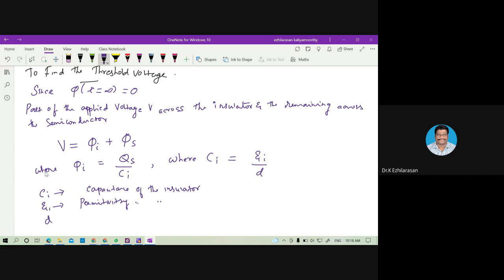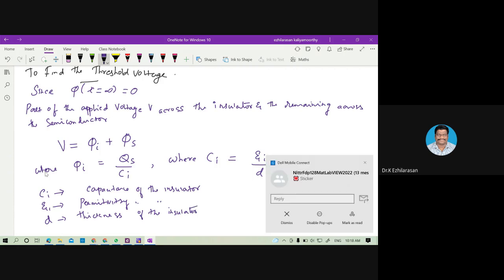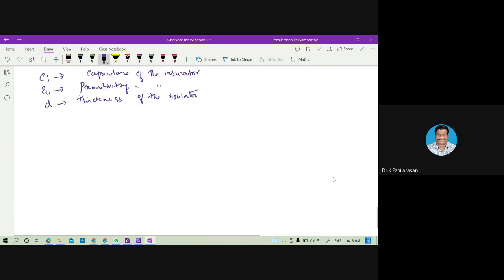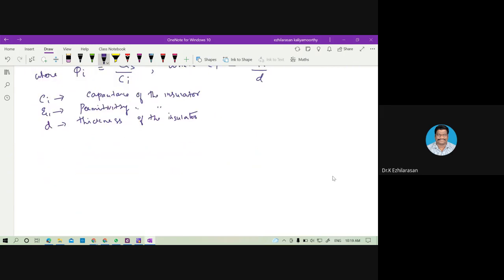Then what about d? The d is nothing but the thickness of the insulator, as we said in the initial classes.